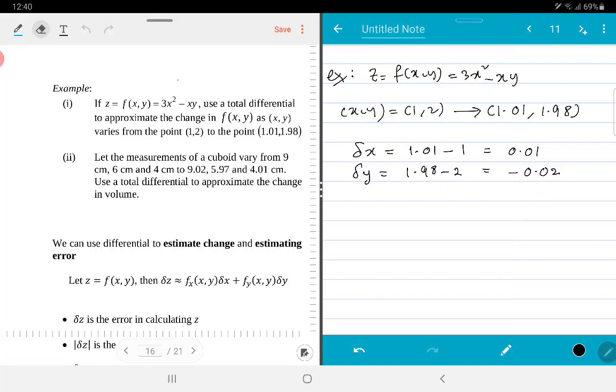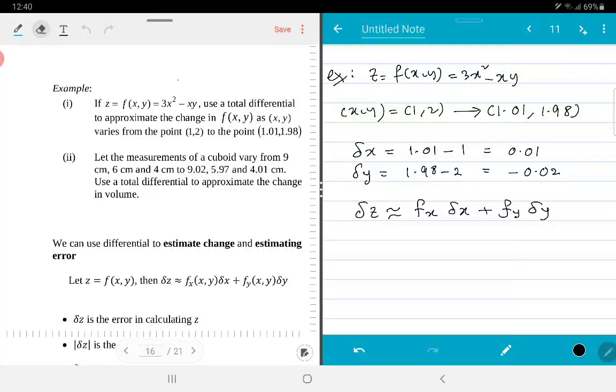From the formula, the approximate change in z is equal to partial f partial x delta x plus partial f partial y delta y. We already calculated delta x and delta y, so we need partial f partial x and partial f partial y.